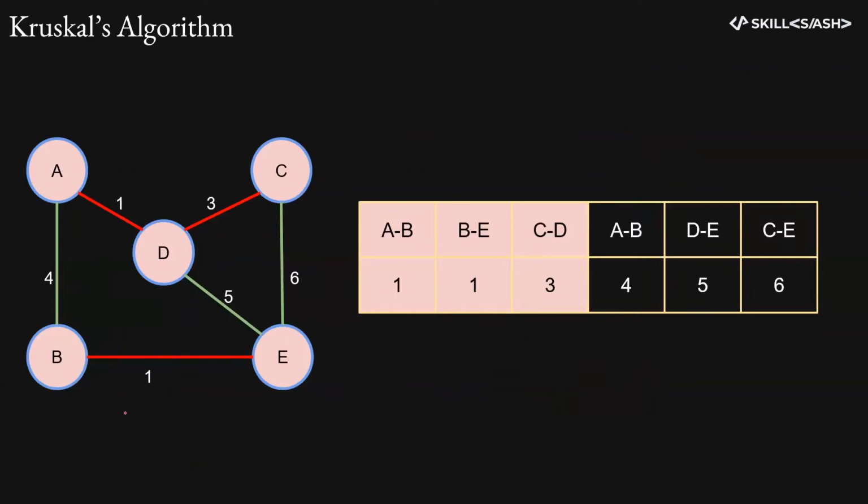Okay, let me reshare. Let's say we have the same graph but with different weights on the edges I'm drawing: 1, 2, 3, 4, and 5. Which edges will I add based upon this logic? First I'll add AB to the minimum spanning tree.